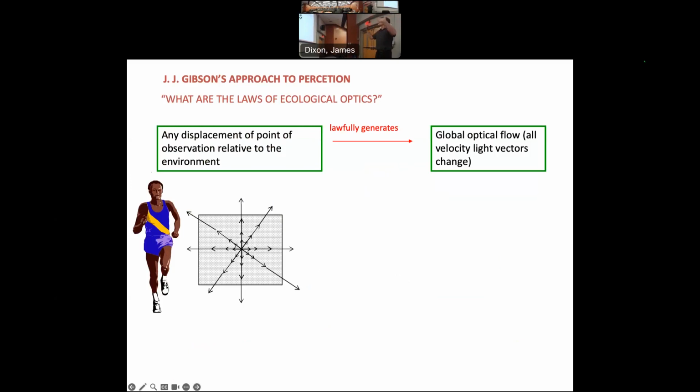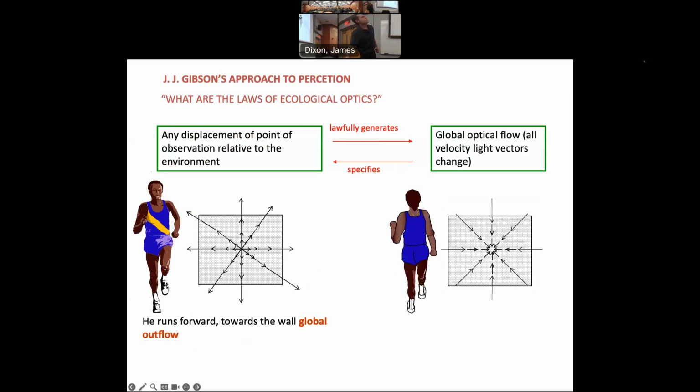And that specifies the motion towards the wall, that you are in motion towards the wall. So by doing it, specifies it visually for you. Right? So the motion generates the optical flow that specifies the motion, that the motion is happening. Right? So as he runs forward, you get this global outflow. Now, if you were to do it in reverse and run away from the wall, you would have global inflow.